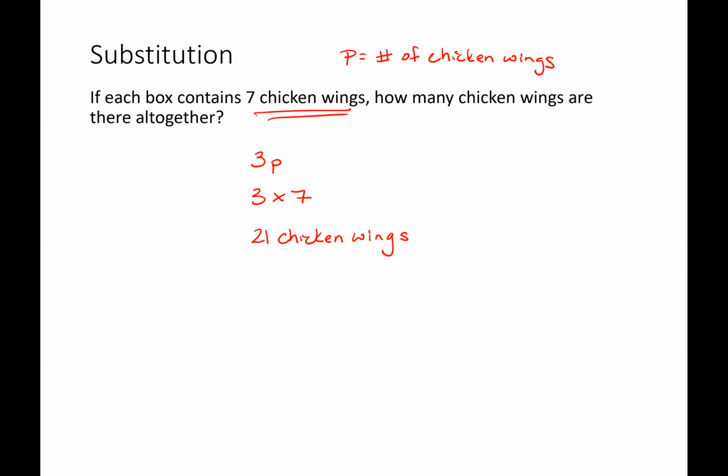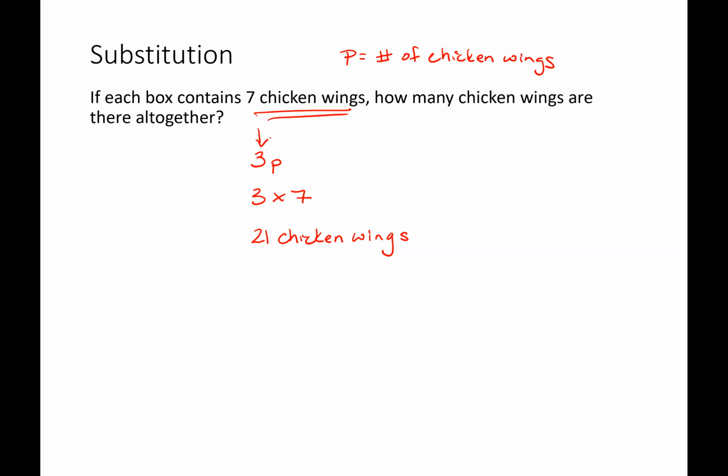So when we write a coefficient, which is this number right here, right next to the variable, that means you have to multiply them. It doesn't mean anything else. That's part of what we're learning over these next couple days: algebraic notation. A certain way we write things means certain things. Does that answer your question? Okay. Lucy?